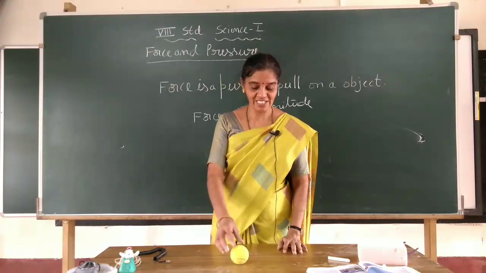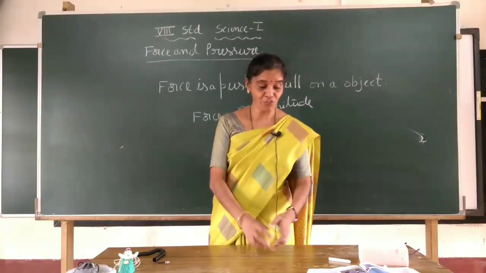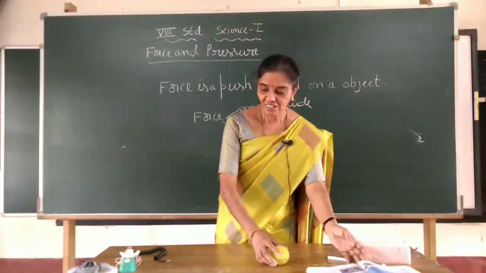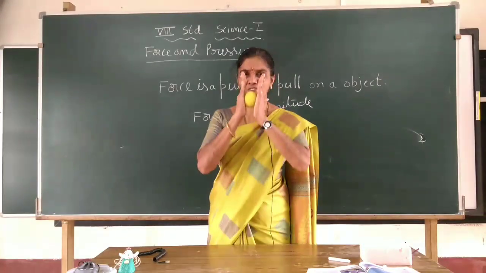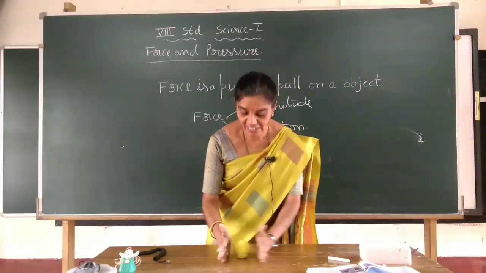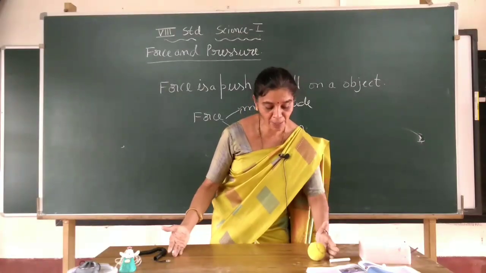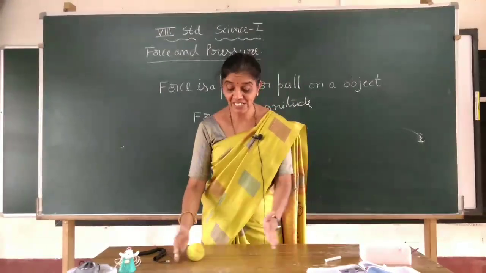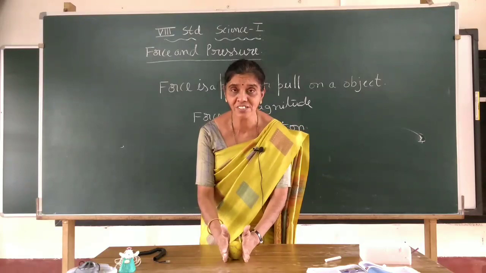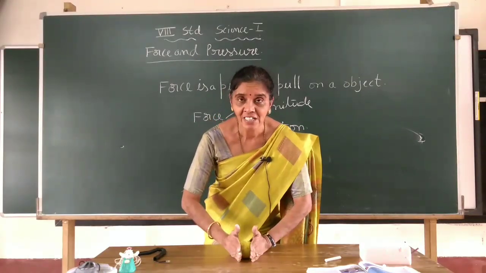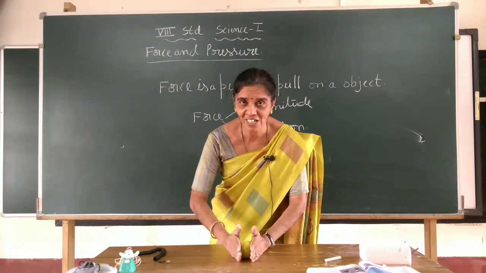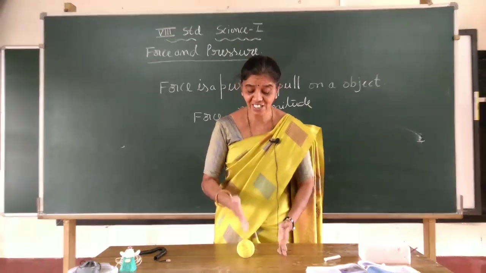You have seen, if both teams are of the same strength and they apply force, the rope will not move. I will show the example. If I apply the force in the same direction, like this way, here if I push, it will move, the ball will move. But if I apply two forces in the opposite direction, one from this side, one from this side, using my hand, is the ball moving? No, it is stationary.